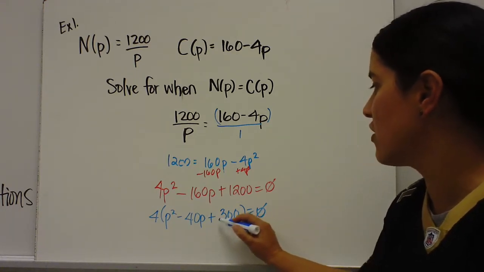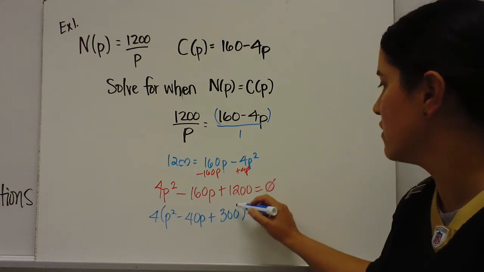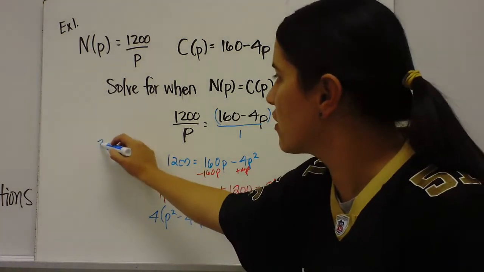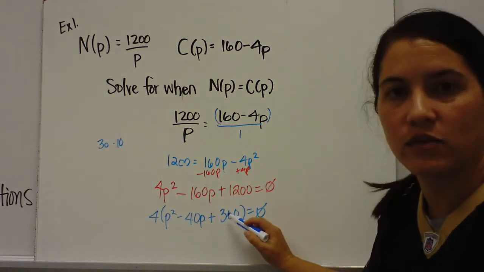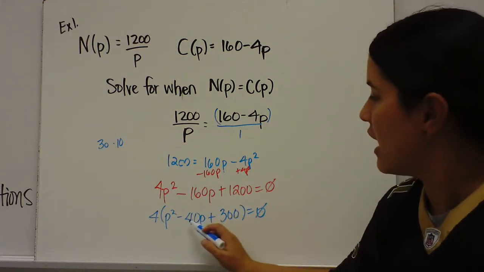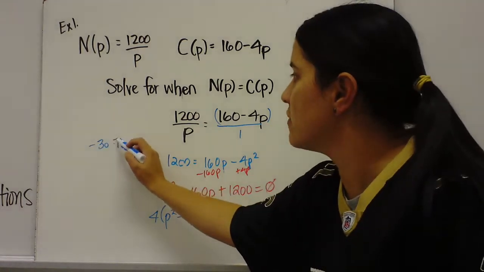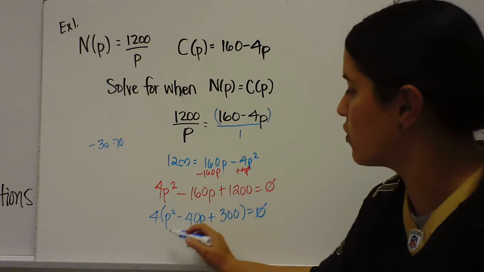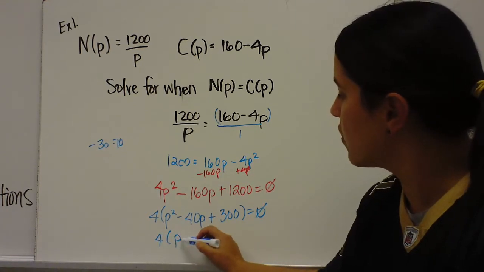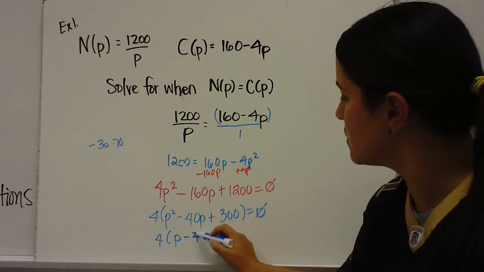I think in order to get 300 and negative 40, I think 30 times 10. So 30 times 10 would give me 300. And negative 30 times negative 10 would give me positive 300 and a negative 40. So I'm going to factor.